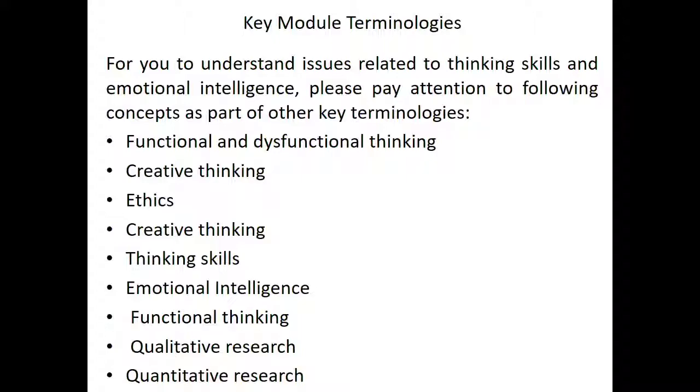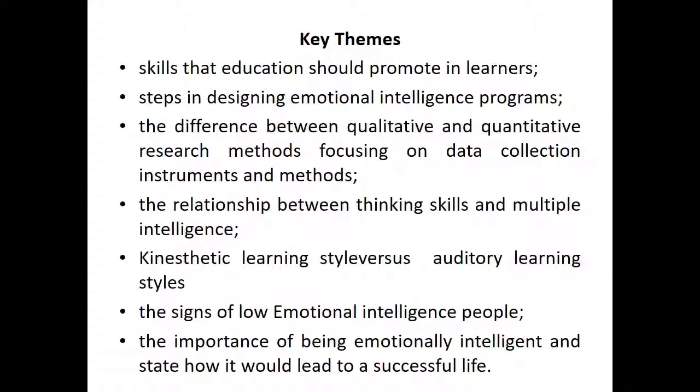Functional and dysfunctional thinking. What does it mean to be functional literate or to be functional thinking or dysfunctional thinking? Creative thinking, ethics, thinking skills, emotional intelligence, functional thinking, qualitative research, and quantitative research.